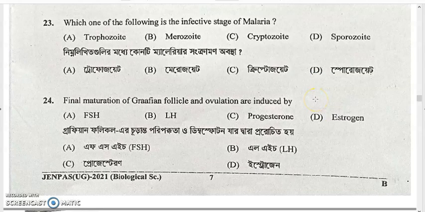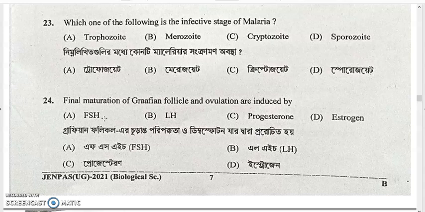Final maturation of Graafian follicle and ovulation are induced by which hormone? Option A, FSH; option B, LH; progesterone; estrogen. FSH is follicle stimulating hormone, which helps in development of the follicle, and LH is luteinizing hormone.